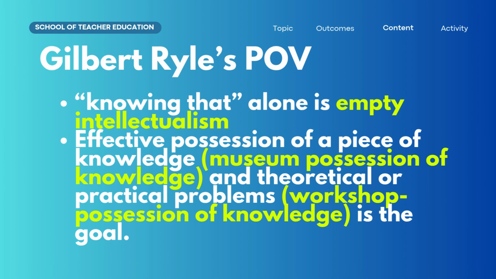Effective possession of a piece of knowledge, which they call museum possession of knowledge, and of theoretical or practical problems, that is workshop possession of knowledge, is the goal. That means it is not just enough for rote memorization, and it is not just enough that we only assess them in pen and paper, but we also pair it with authentic assessment.